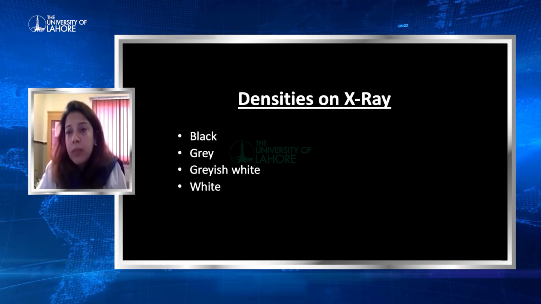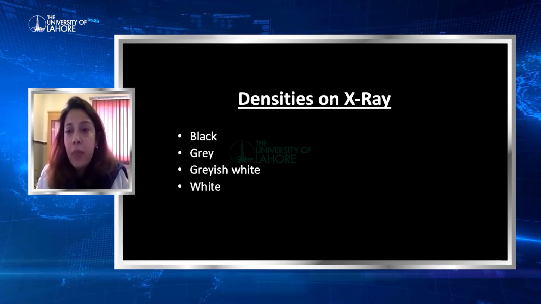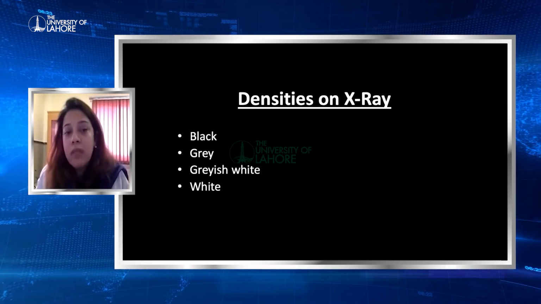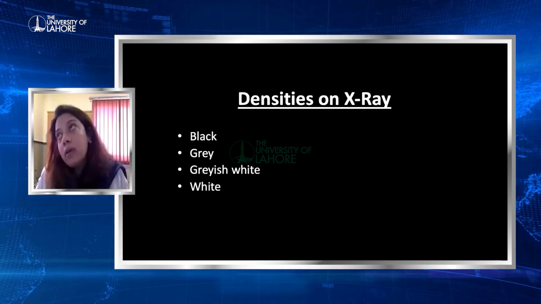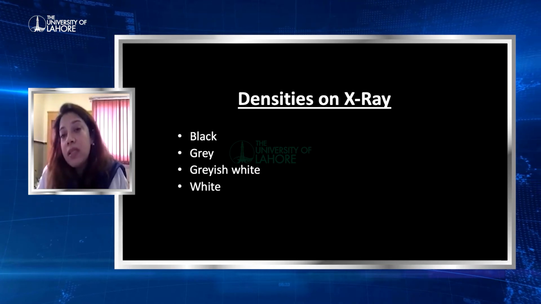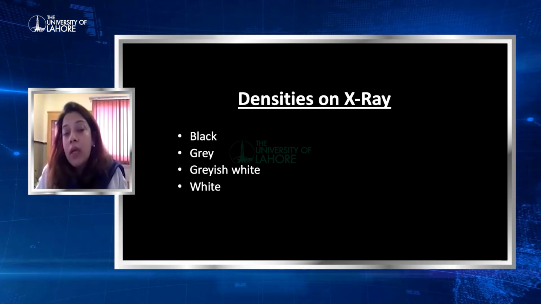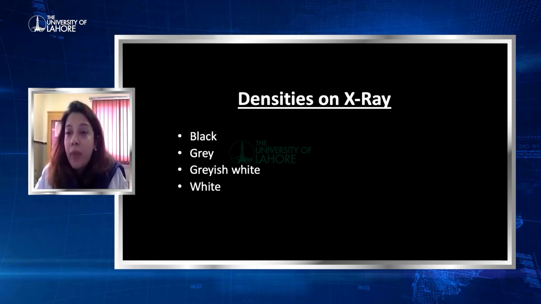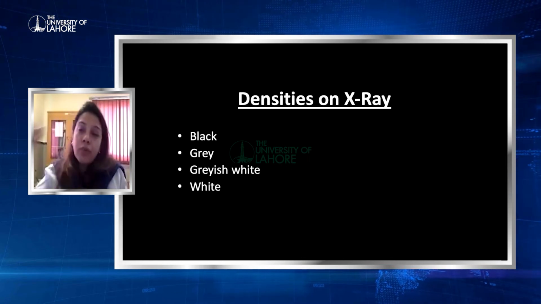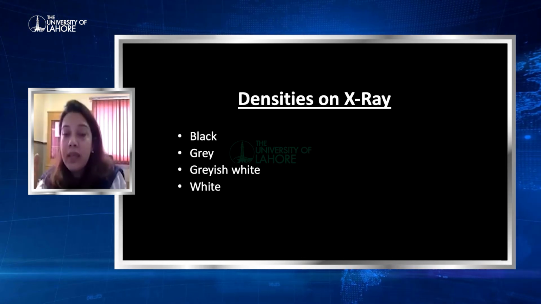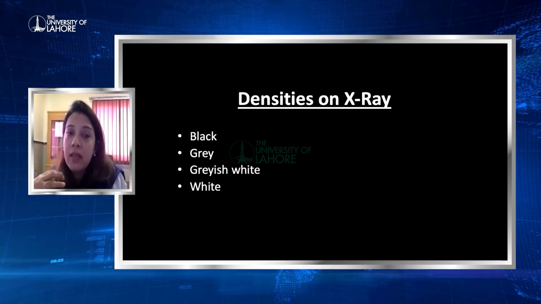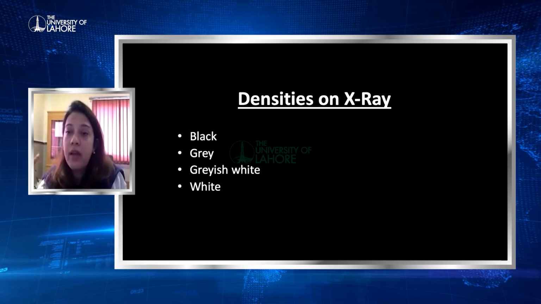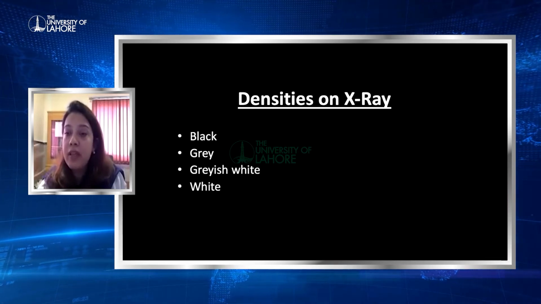Now, this is the most important slide in my opinion, because on an X-ray you see some black, some white, some gray, some off-white. If you know why you are seeing certain pathologies or normal organs as black and white, it becomes very easy to reach the diagnosis. When the X-rays pass through your body, there are bones and organs like the liver, the kidneys, the lungs.